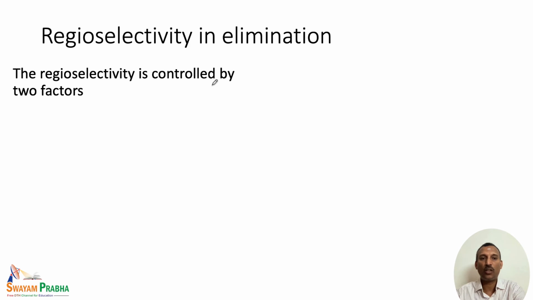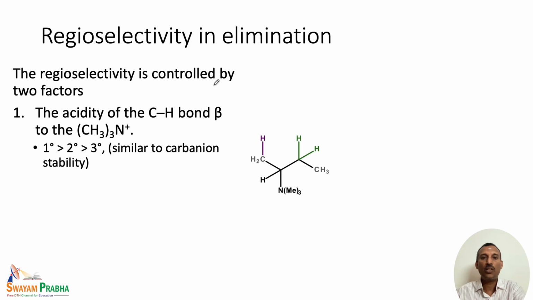If we look at the regioselectivity in this elimination reaction, it is controlled by two factors. The first is the acidity of the CH bond beta to the leaving group. We have a leaving group, the NMe3 group. Now, there are different hydrogens present in this compound.